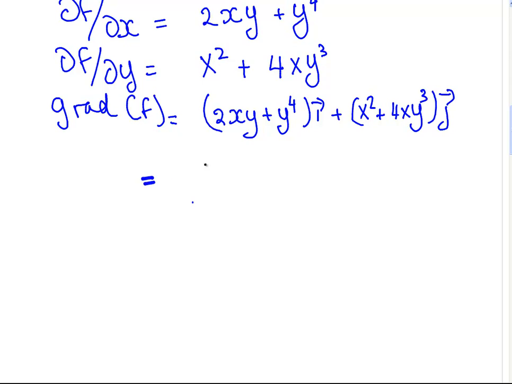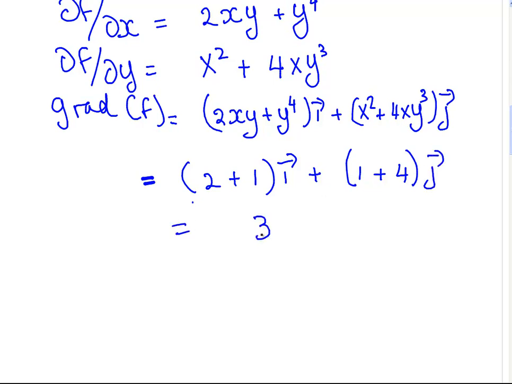It is 2 times 1 times 1, that's simply 2, plus y to the power of 4, that's 1 to the power of 4, that's 1. So 3 for the i component. Then 1 squared is 1, plus 4xy cubed, that's simply 4 times 1 times 1, so we get 4, giving 5. So the answer here is 3i plus 5j.